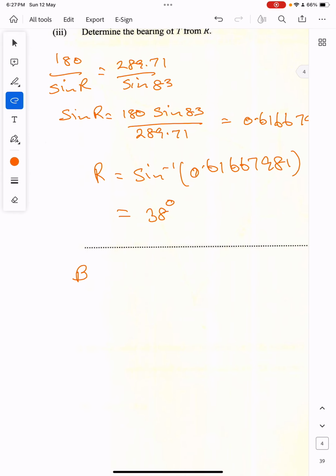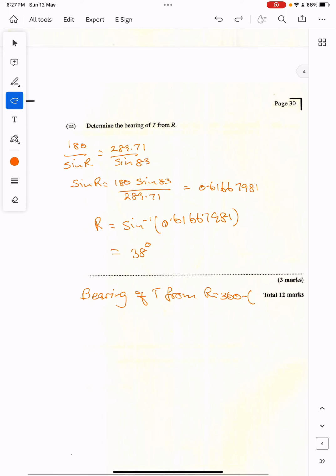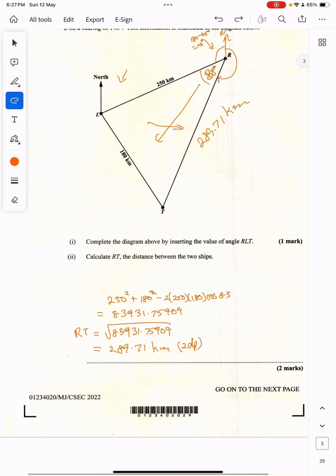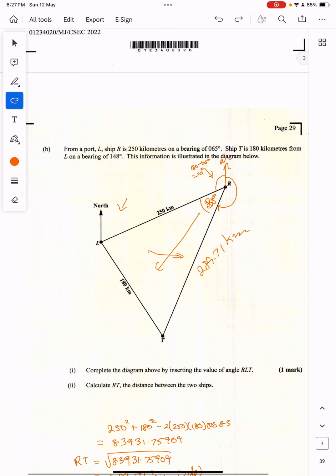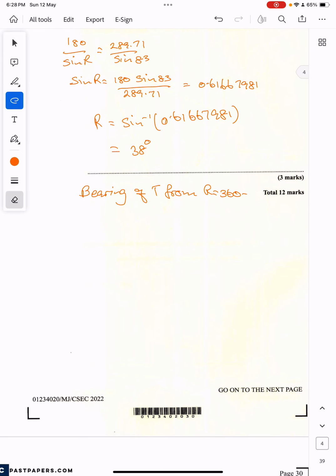So our bearing of T from R will be equal to 360 minus the sum of, let me do that on the next line. All right, on the next line, right?